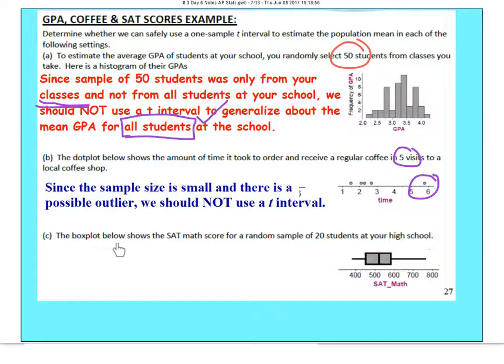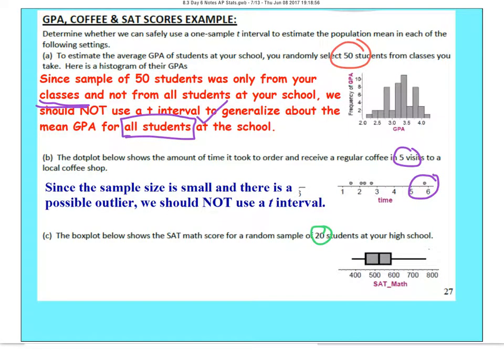Letter C. The box plot below shows the SAT math scores for a random sample of 20 students. So now we have 20 students, which is in between our limit of 15 and 30, so we do need to graph it out. We're just looking for real obvious skewness. When you look at this box plot, it might be slightly skewed to the right, but it's not that bad.